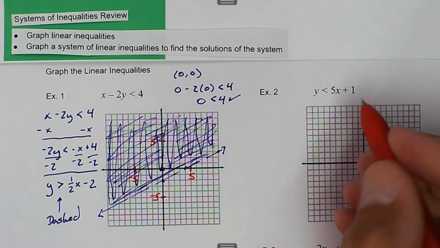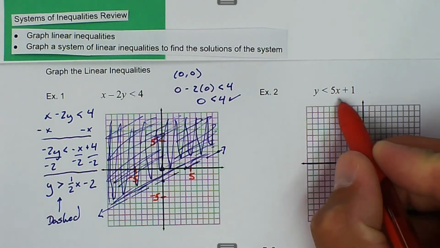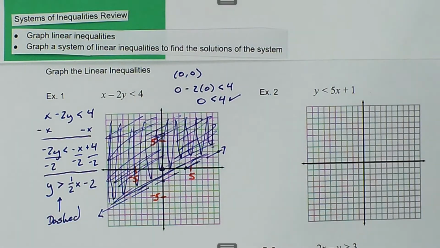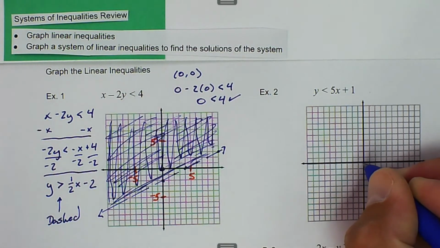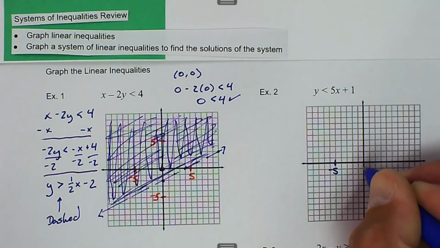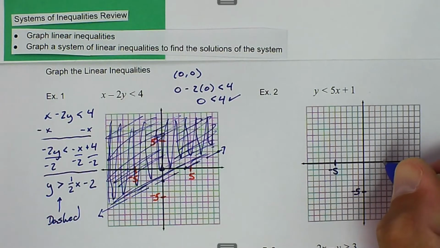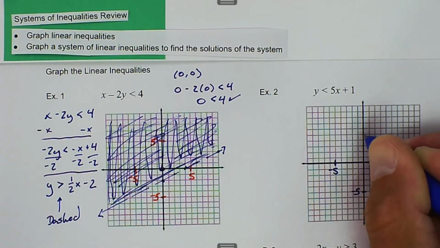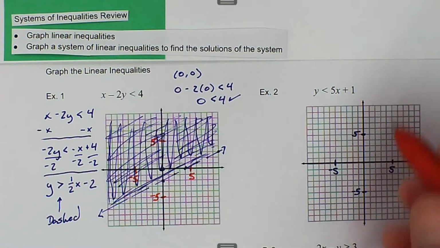And we already have this in y equals mx plus b form. So we can just graph this as it is. So we'll get our grid on here, 1, 2, 3, 4, 5 in each direction. And then we can graph the line.